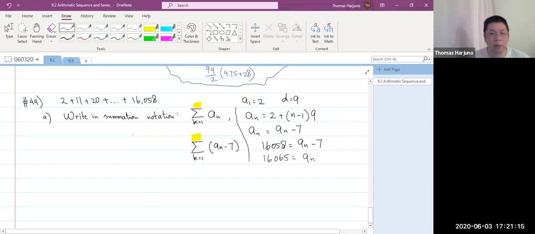So divide by 9, 16,065 divided by 9, I get n equals 1785. So the summation notation now being updated becomes from 1 to 1785 of 9n minus 7. That's the summation notation.